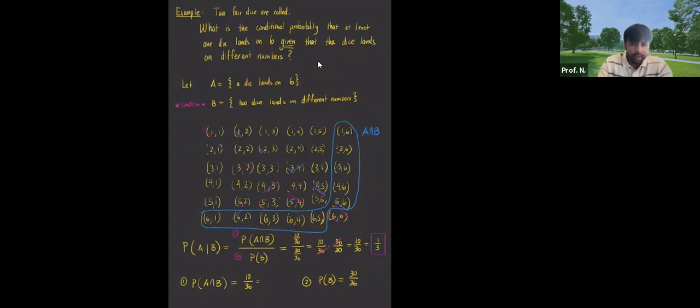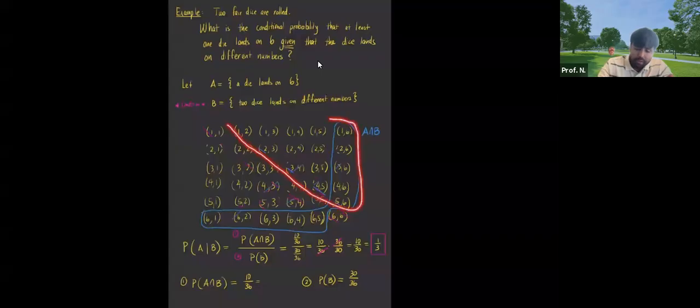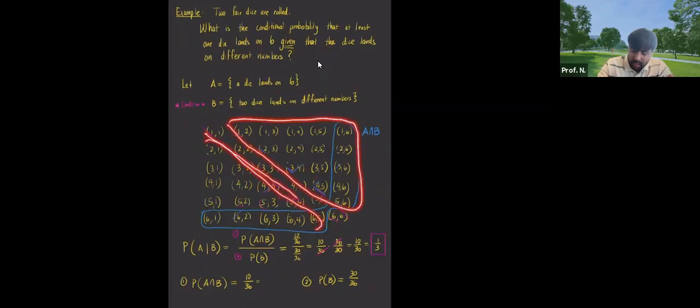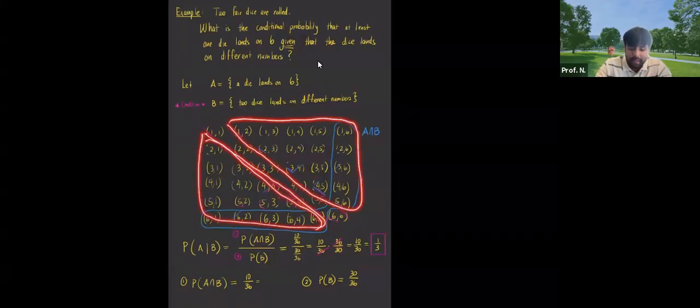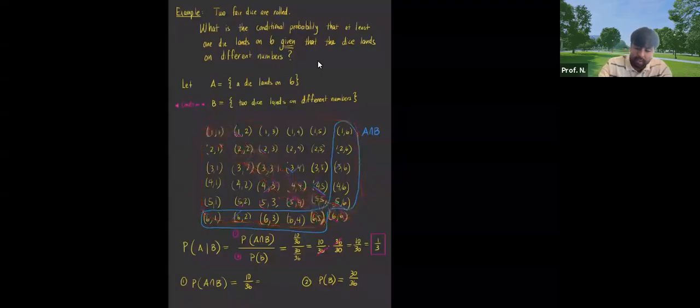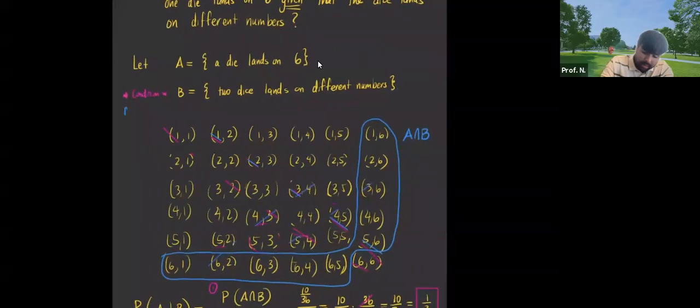And how many of those are there? Well, we just talked about it. These 2 groups here represent B, my new sample space. In a way, I forget about the ones that have the same numbers on both dice. I only look at the new sample space.